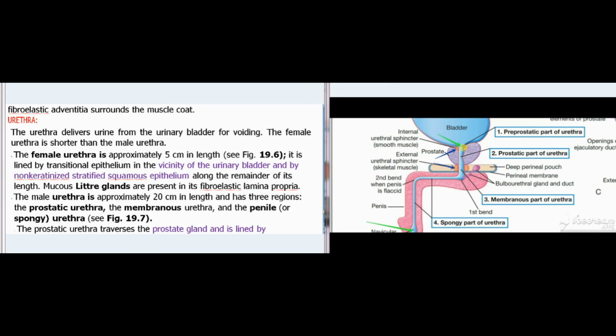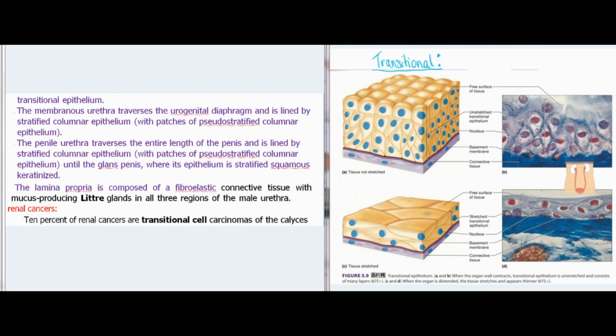The male urethra is approximately 20 cm in length and has three regions: the prostatic urethra, the membranous urethra, and the penile, or spongy, urethra, see Fig 19.7. The prostatic urethra traverses the prostate gland and is lined by transitional epithelium. The membranous urethra traverses the urogenital diaphragm and is lined by stratified columnar epithelium, with patches of pseudostratified columnar epithelium.